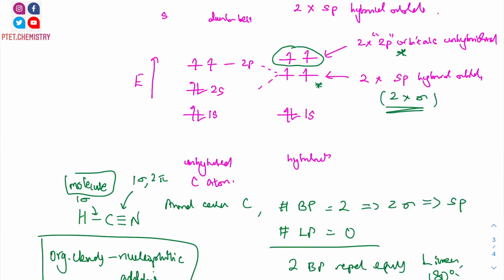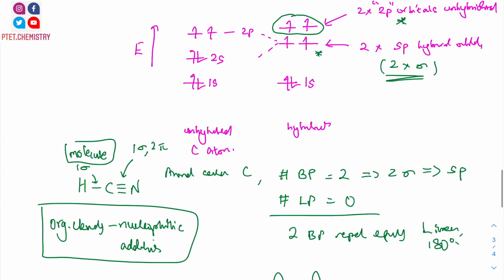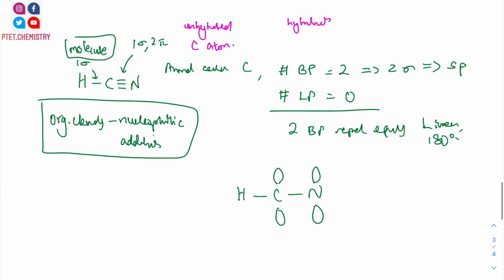1 plus 1, mixing one of the 2s, mixing one of the 2p, 1 plus 1 gives you 2 sp hybrid orbitals, forming 2 sigma bonds, giving you 2 bond pairs in this structure here. Alright, so it still has 2 electrons in the 2p orbitals which are unhybridized. Okay, I've shown them in the plane here.